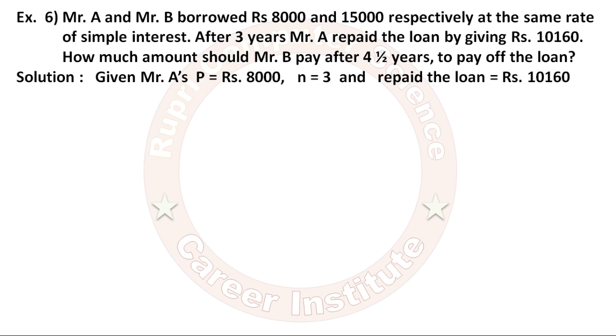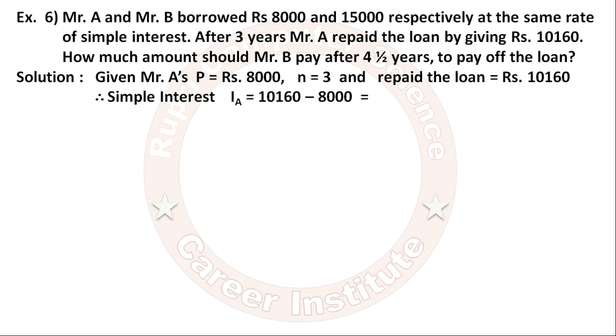Therefore, A's simple interest is equal to 10,160 minus 8,000, that is equal to 2,160, right?